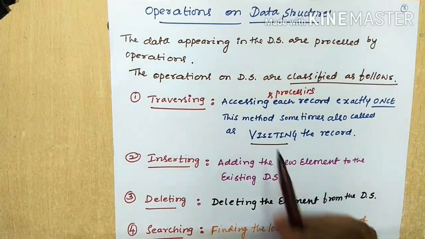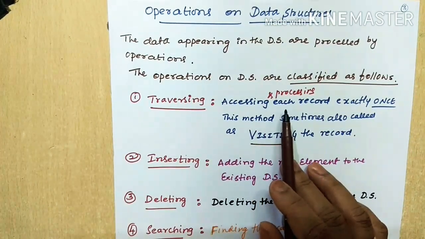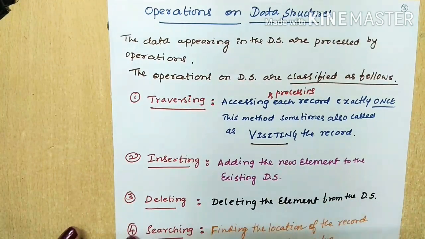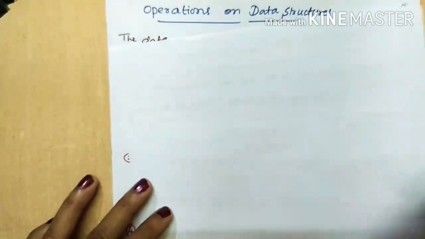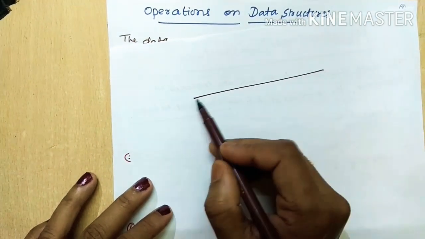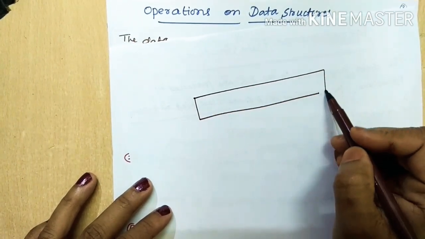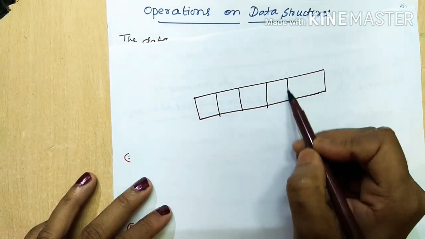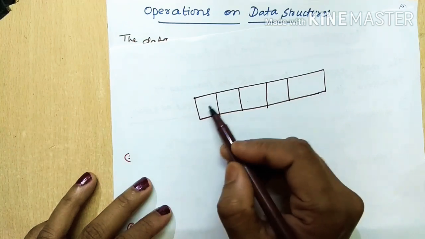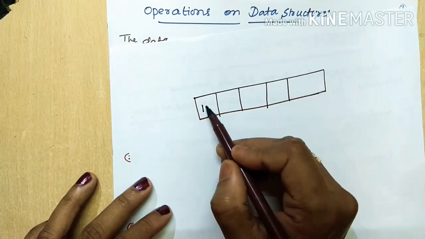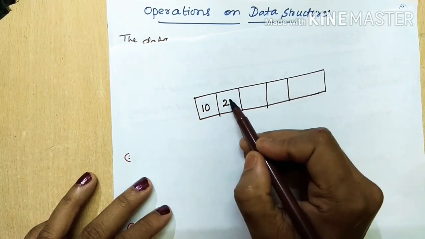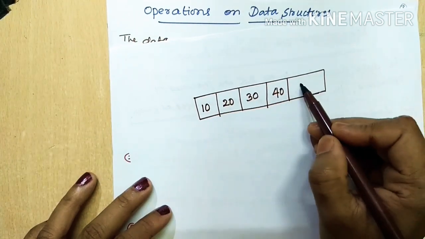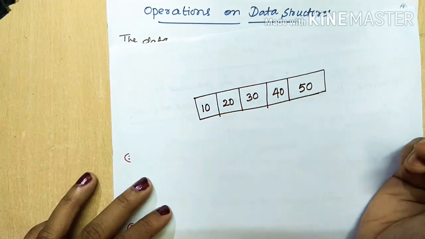Traversing means accessing or processing each record exactly once. What does it mean? Look here, I have an array. I'm going to store the elements like 10, 20, 30, 40, 50, like this.